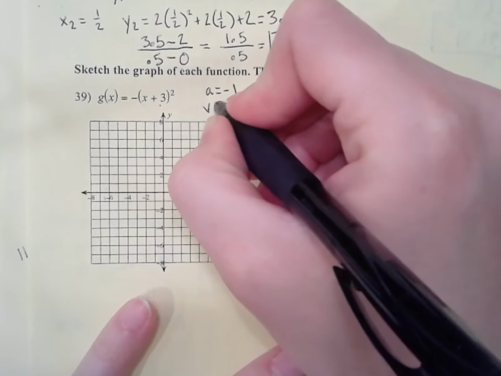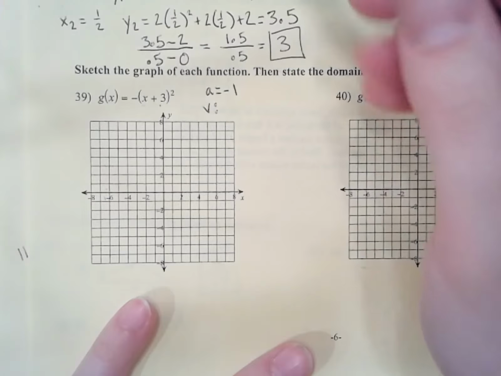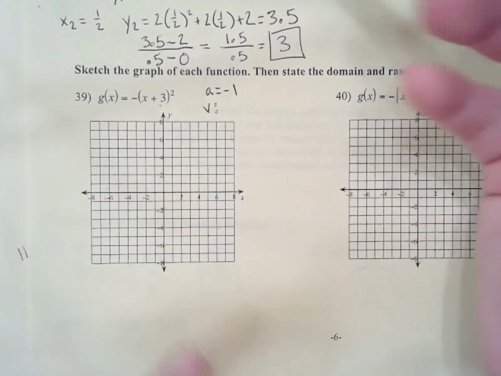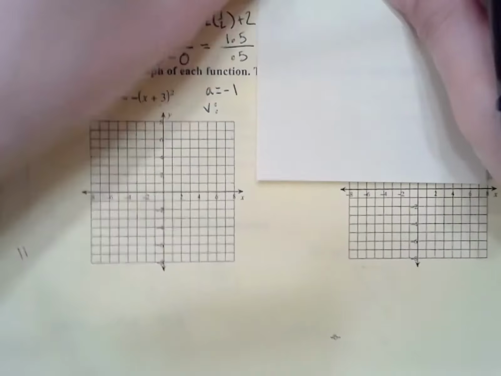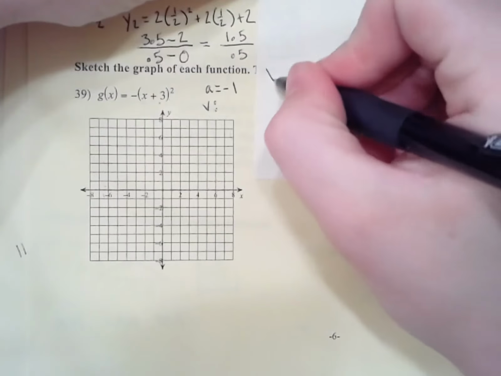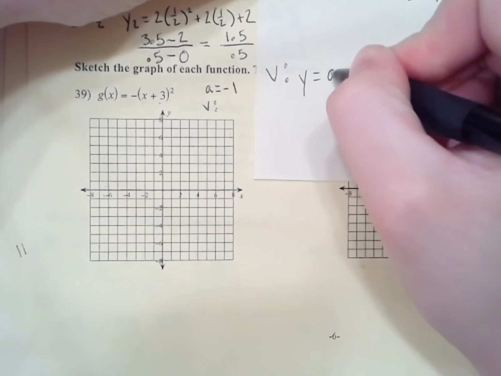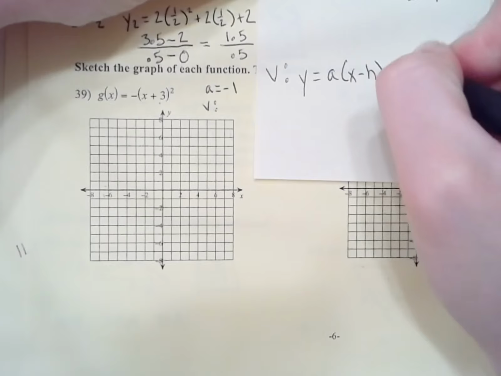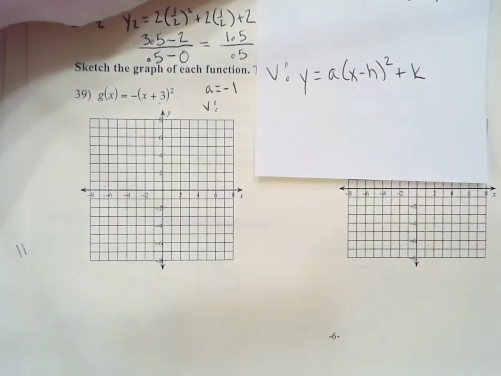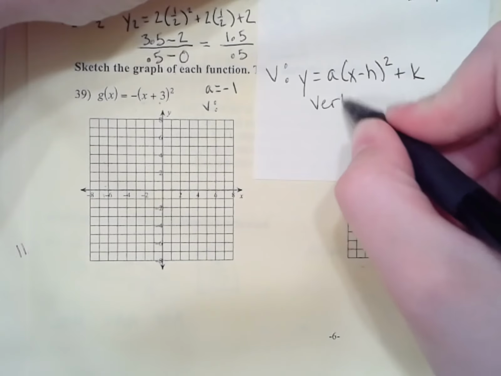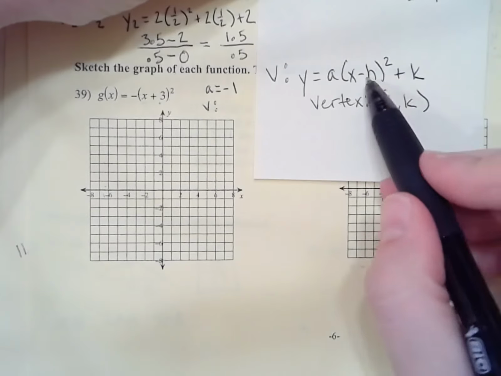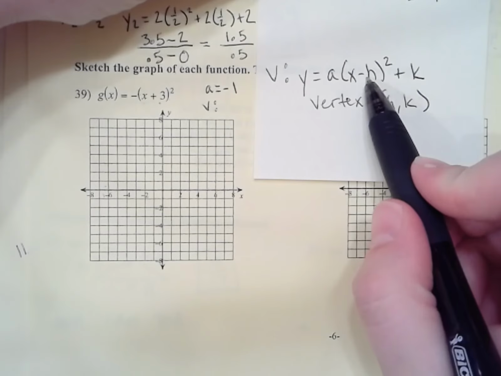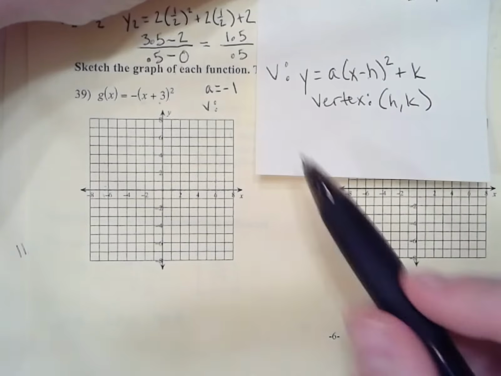My vertex, remember how it was the vertex form. Let's just write it down. Vertex form was y equals a times x minus h squared plus k, where your vertex is the point (h, k), meaning we have to take the opposite of what's in the parentheses and then just leave the y values the same.